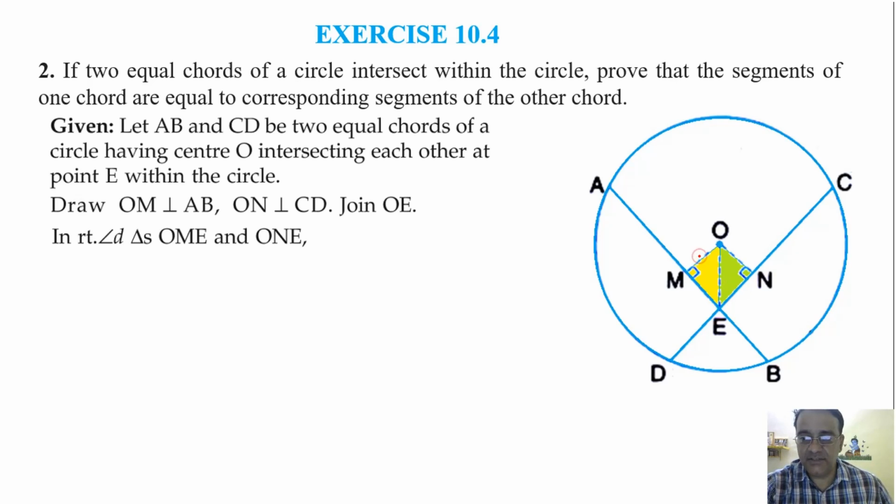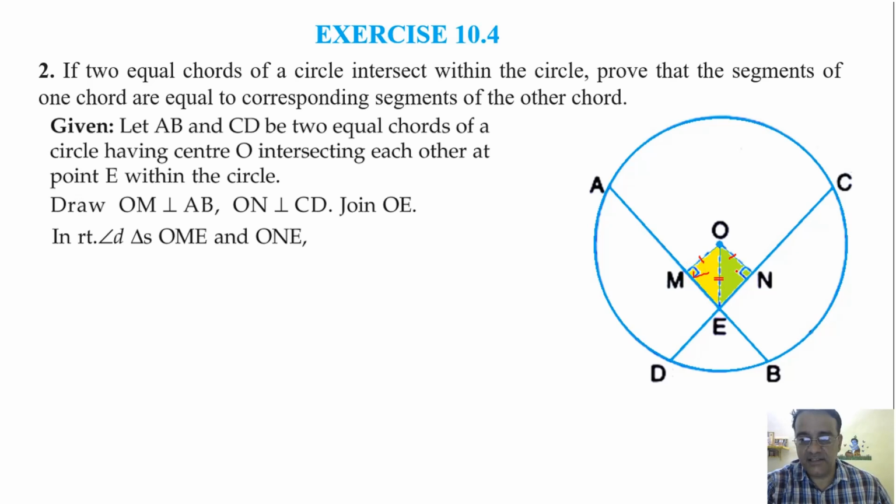Right? Now these two are equal. Why? OM is equal to ON, side OM is equal to ON. See, chords are equal. Equal chords are equidistant from the center. So OM is equal to ON. And OE is equal because common side.